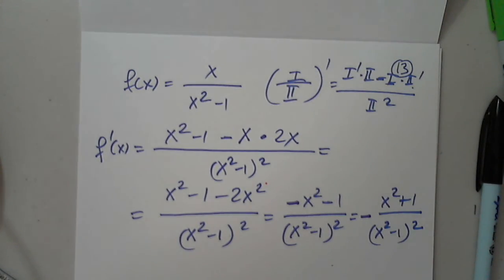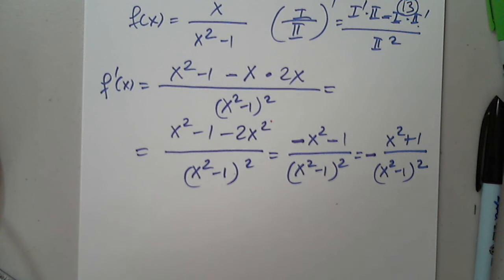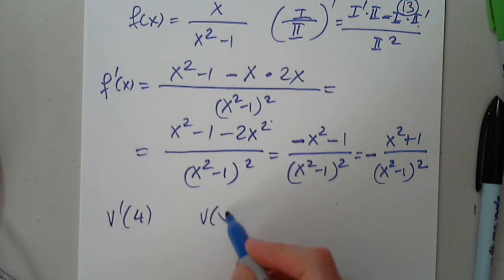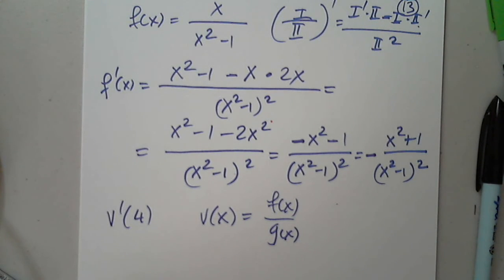Which of these two do you want to work on? B. We want to look at v prime of 4, where v of x is f of x divided by g of x.